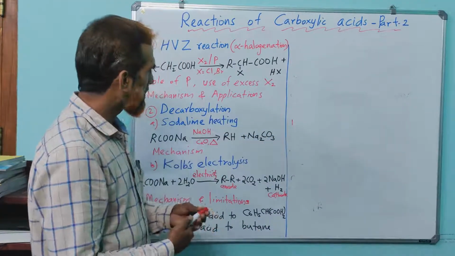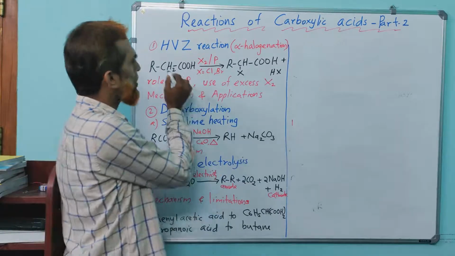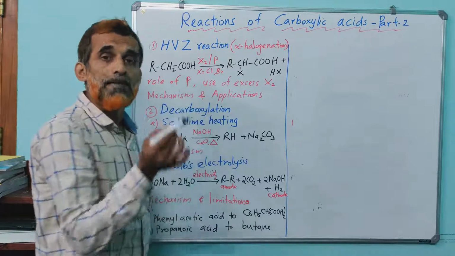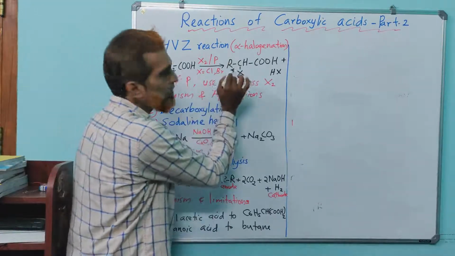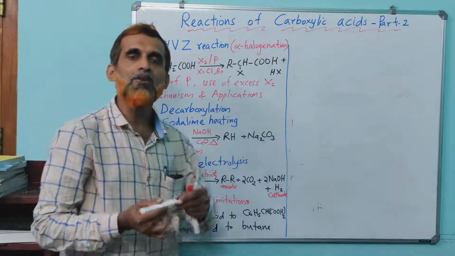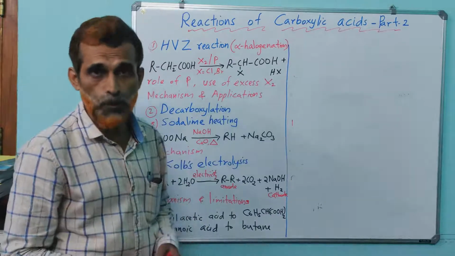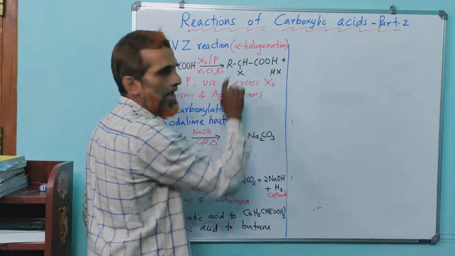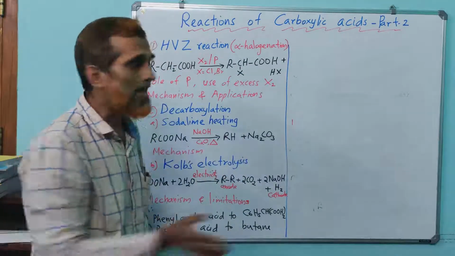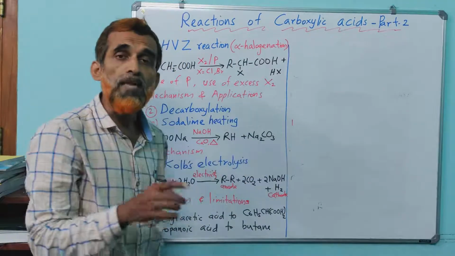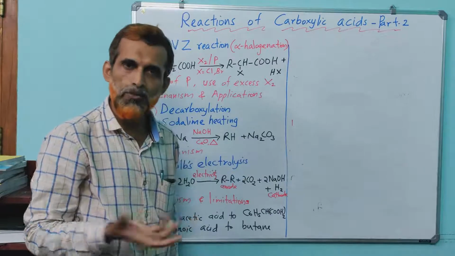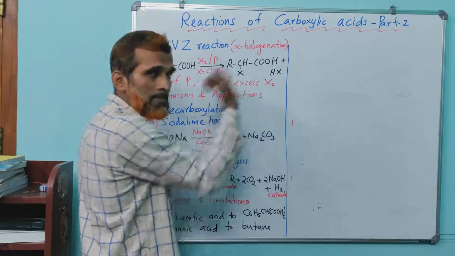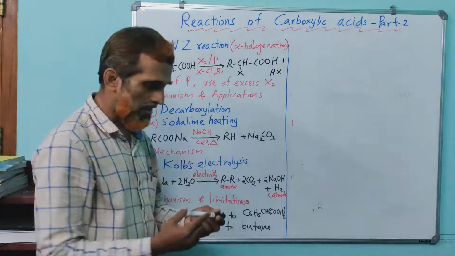Okay, see, if you want to introduce various functional groups at this alpha position, the best route is you introduce halogen and you can change it by various functional groups, because this is something like alkyl halide only, and alkyl halide can undergo various SN reactions using various nucleophiles, and also it can undergo elimination reaction, forming various products.